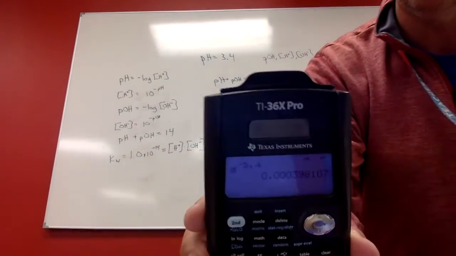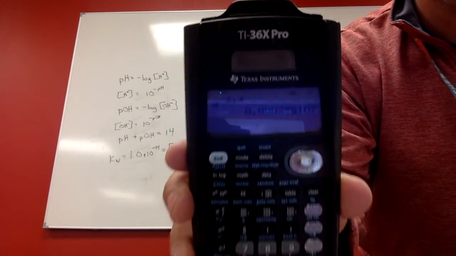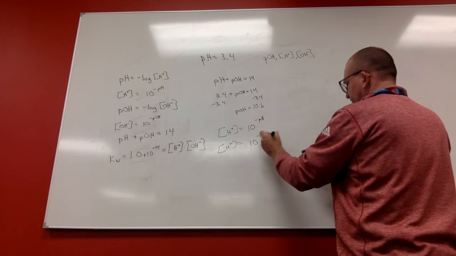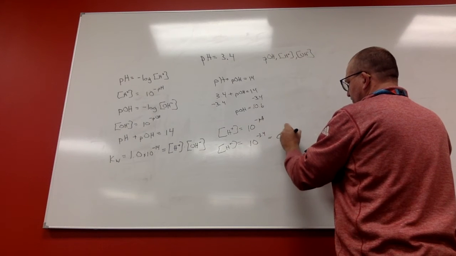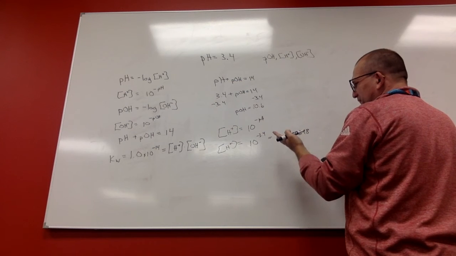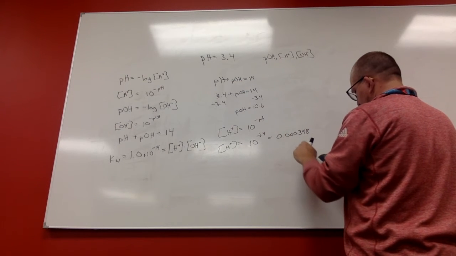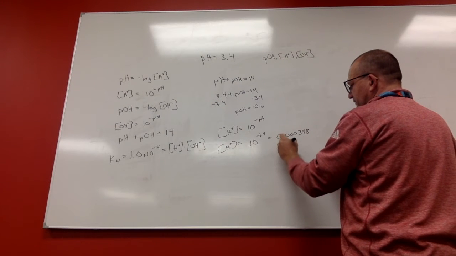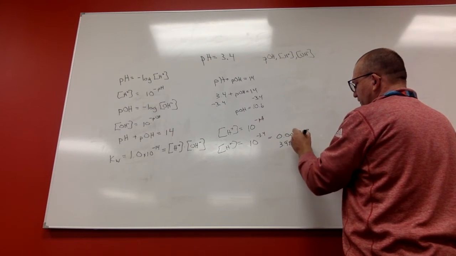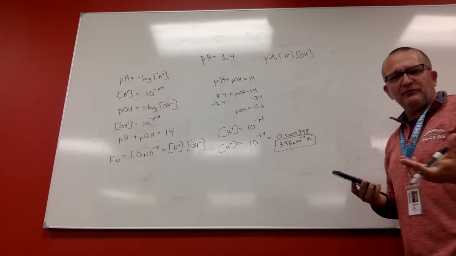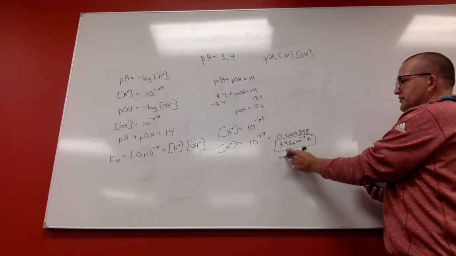So it looks like this, 10 to the negative 3.4, and there's my answer: 0.000398. I went 3 sig figs. I could get away with 2, but I'm going to go 3 just for this purpose. If I want to write this in scientific notation, it's 3.98 times 10 to the negative 4 molar. Either answer is sufficient, but I'll put it in scientific notation. So there's the hydrogen ion concentration.